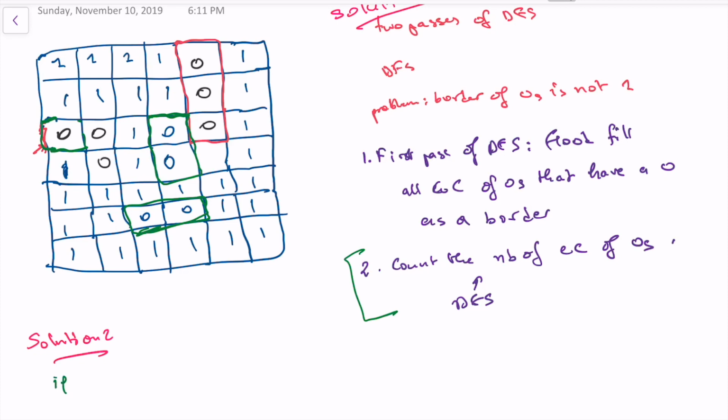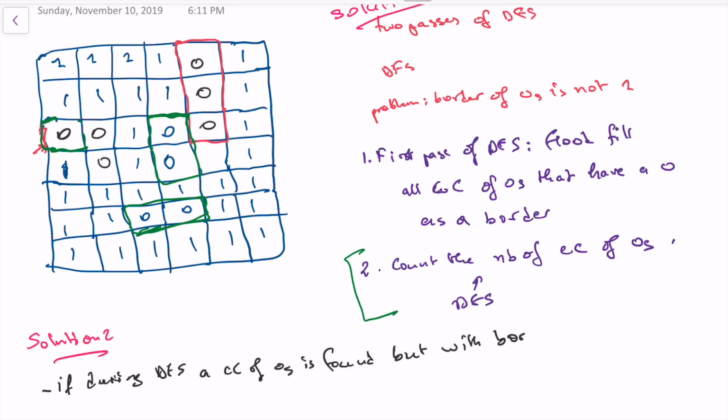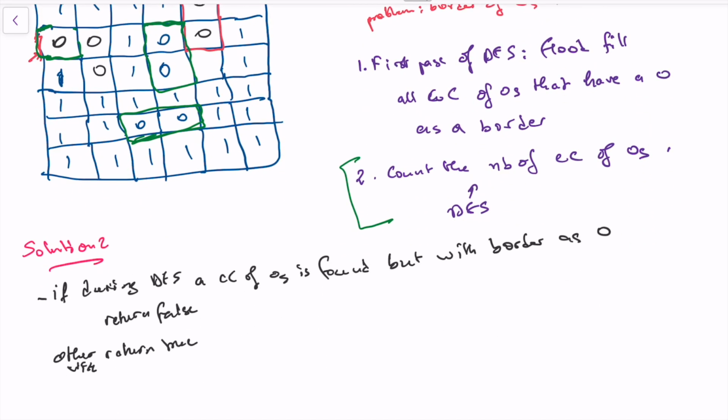So basically, if during DFS a connected component of zeros is found, but with a border as 0, any border or any side, return false, right? Otherwise I return true. And that way what I can do is just count the number of true values.